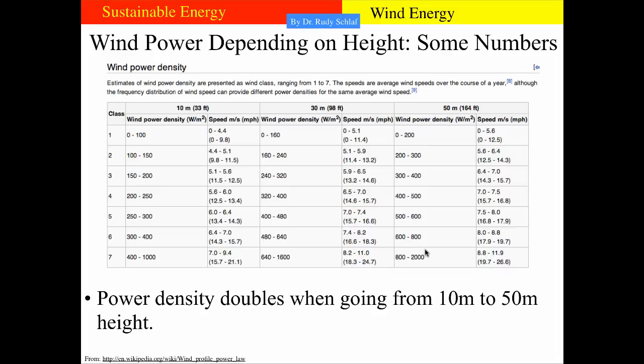This immediately shows you that these small residential turbines that are attached to the roofs of houses or garages don't really have a lot going for them in terms of airflow power density. And also it is no surprise that most commercial big designs have high towers and try to be at significant heights above the ground.